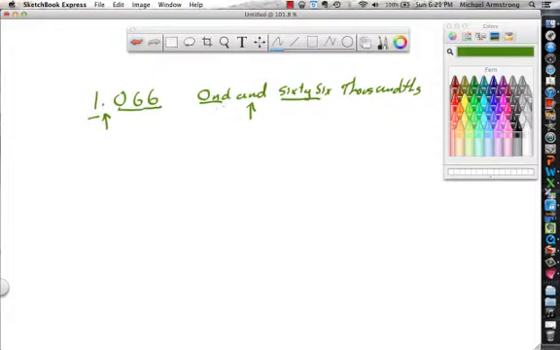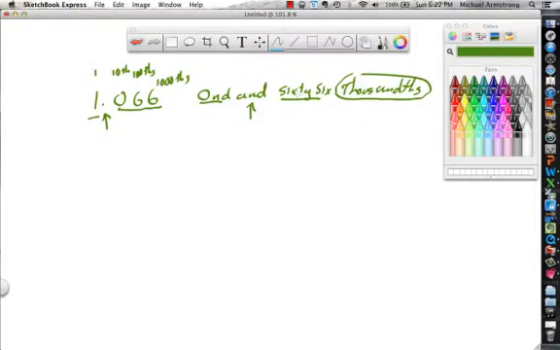That's 66. And then you count the places: the ones place, the tenths place, the hundredths place, and the thousandths place. Tenths, hundredths, thousandths, and however far the place value goes is what you count out here.